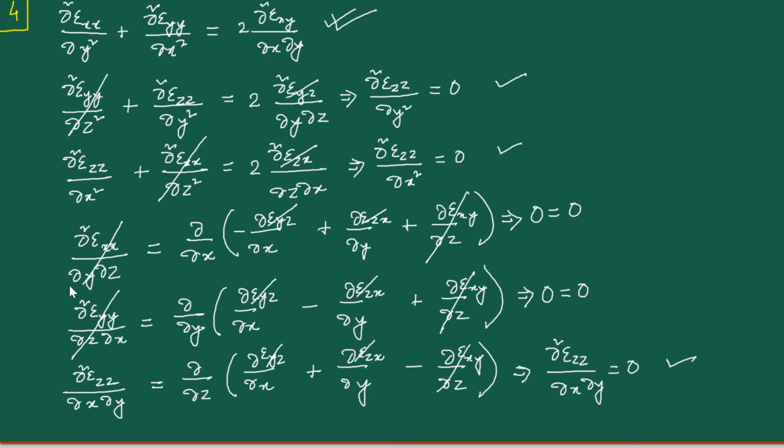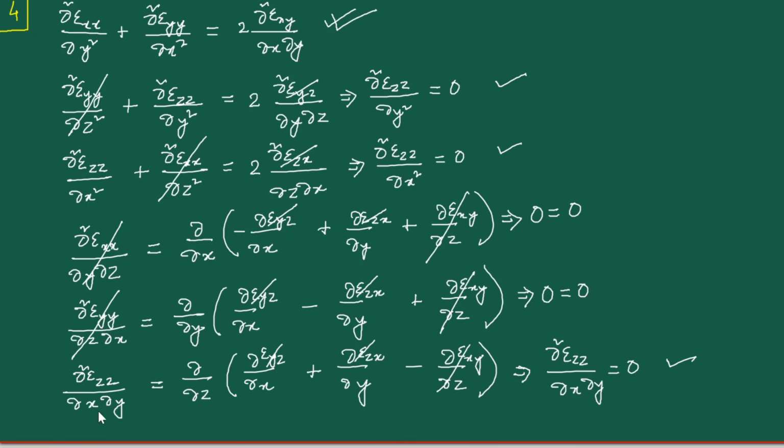Note here that in the plane stress case, this one turned out to be 0 primarily because epsilon yz and epsilon zx were 0 themselves, which we also have in the plane strain case, and epsilon xy was a pure function of x and y, which is very much true here, and similarly epsilon xx is a pure function of x and y. Similarly for this equation also, it is going to turn out to be 0 equal to 0.